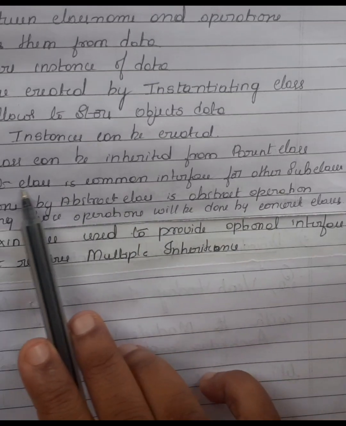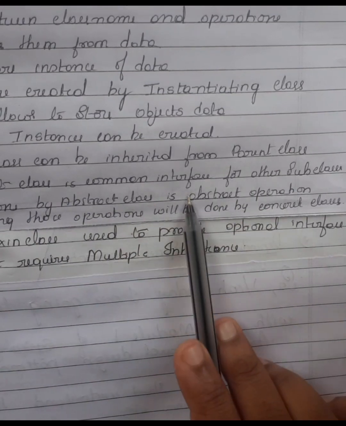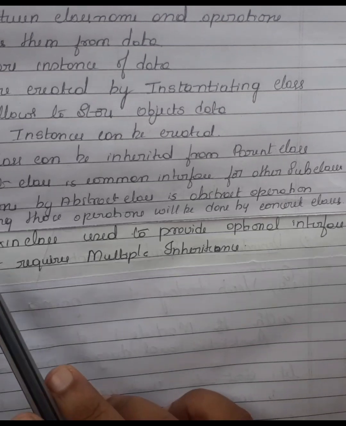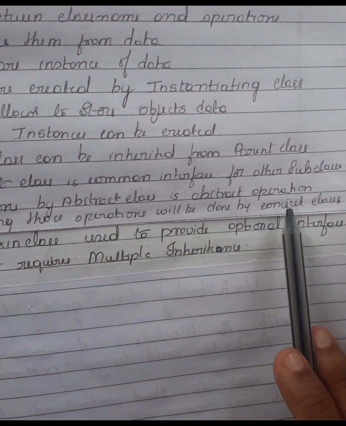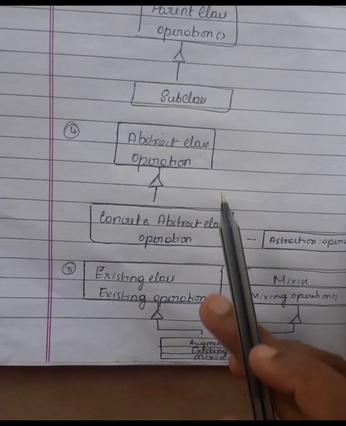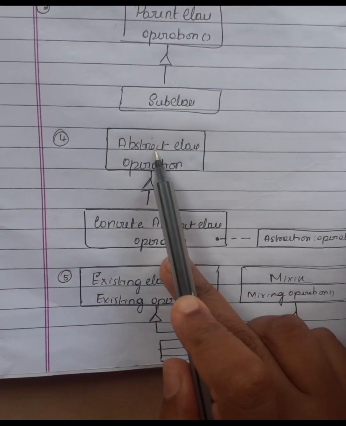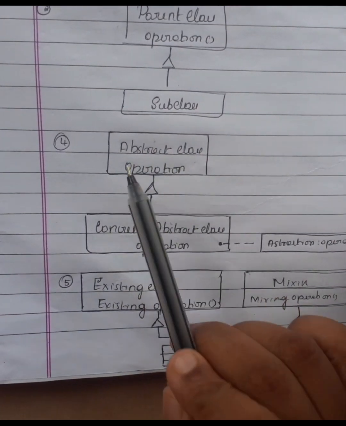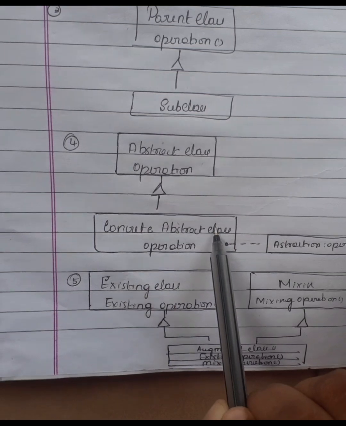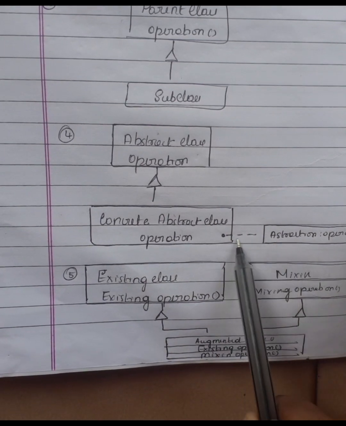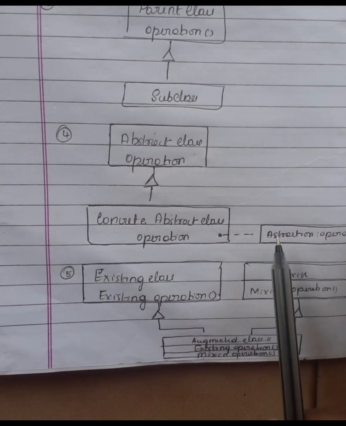We define the abstract class operation as an abstract operation. So handling these operations will be done by the concrete classes. So in this diagram, the operation defined by the abstract class is handled by the concrete class. So here it's a defining part.